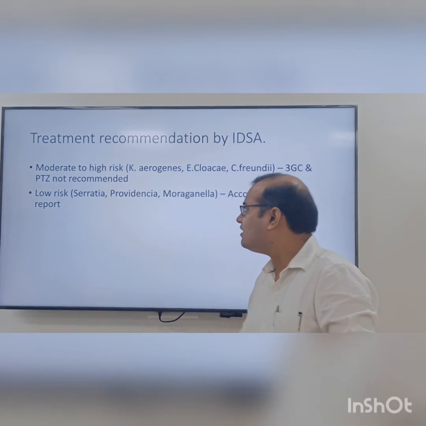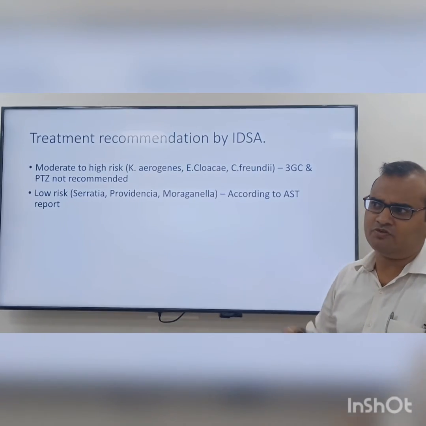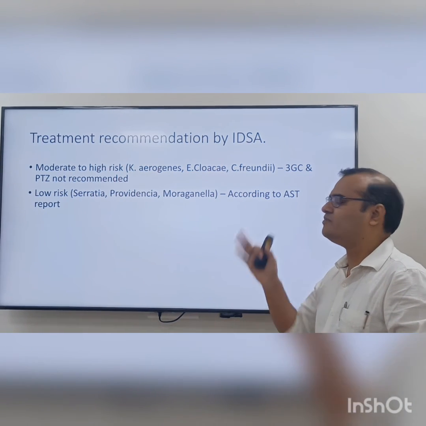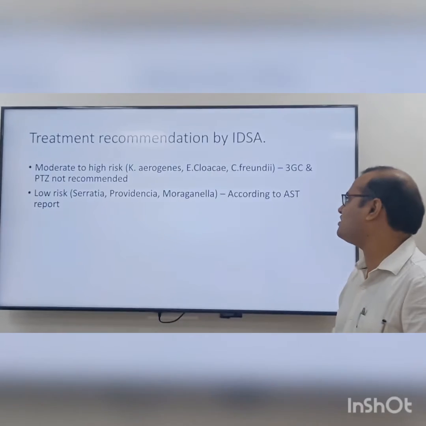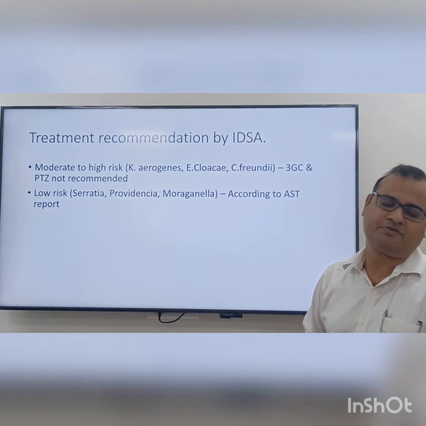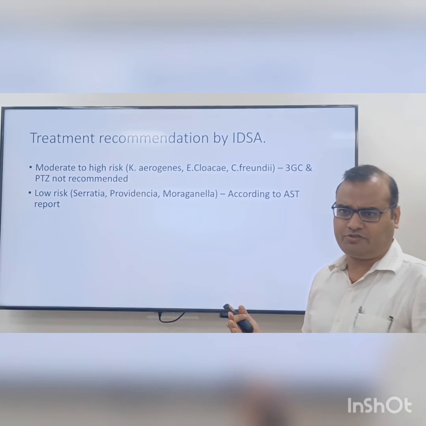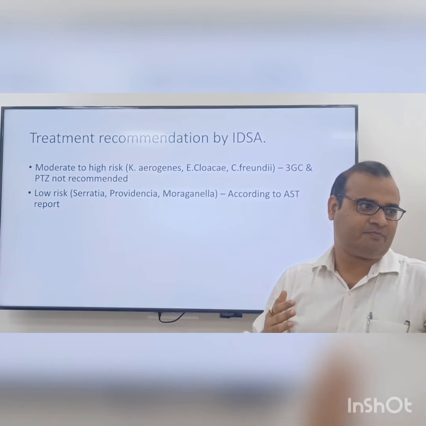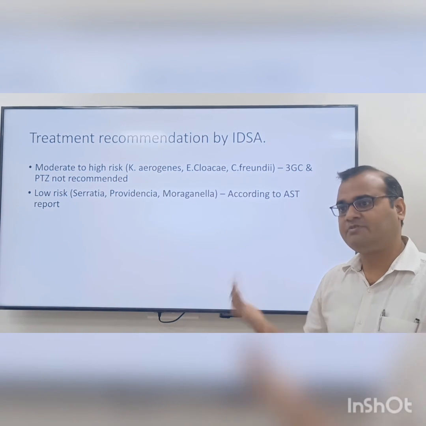Now, what is the treatment recommendation? This recommendation mostly came out in 2021 from the IDSA. In case of moderate to high risk organisms like Klebsiella aerogenes, Enterobacter cloacae, or Citrobacter freundii, third generation cephalosporin and piperacillin tazobactam are not recommended, and carbapenem should be used, more so meropenem or ceftazidime avibactam, because avibactam is not inhibited by the AmpC beta-lactamases.